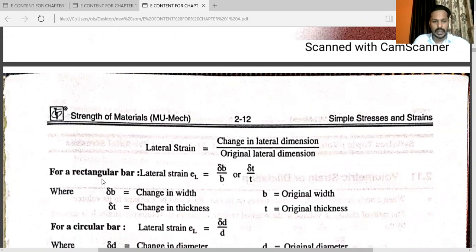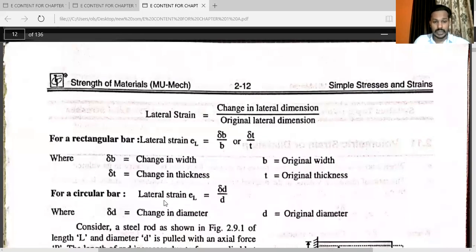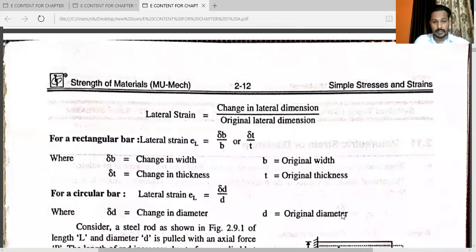For a rectangular bar, lateral strain, that is e_L, is equal to delta B upon B, or delta T upon T. Delta B is the change in width, delta T is the change in thickness, B is the original width, and T is the original thickness. For a circular bar, lateral strain is delta D by D, where D is the original diameter and delta D is the change in diameter.